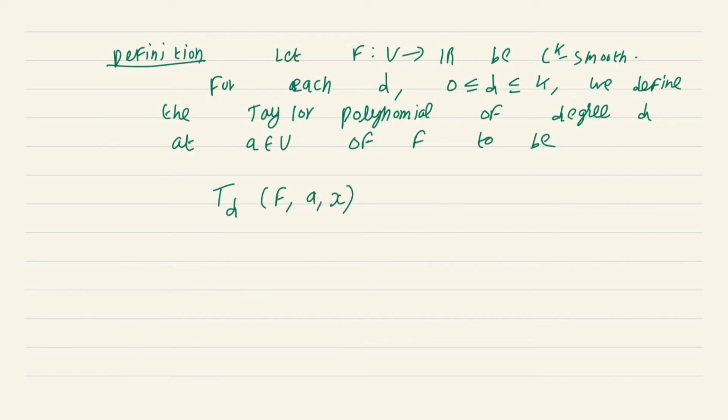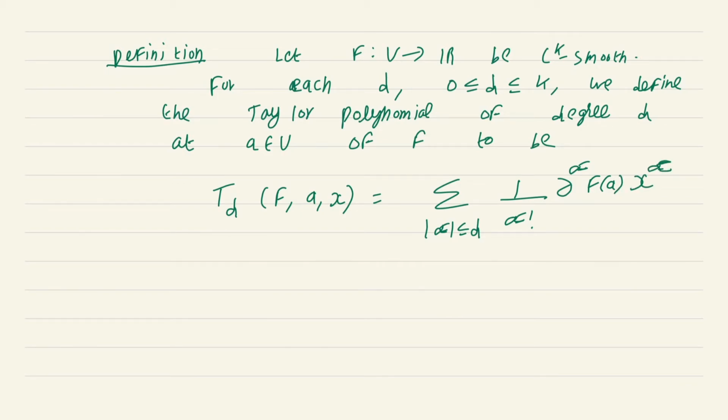This is just the summation over multi-indices alpha with length less than or equal to d of 1 by alpha factorial, del alpha f at the point a, times (x − a) to the alpha.